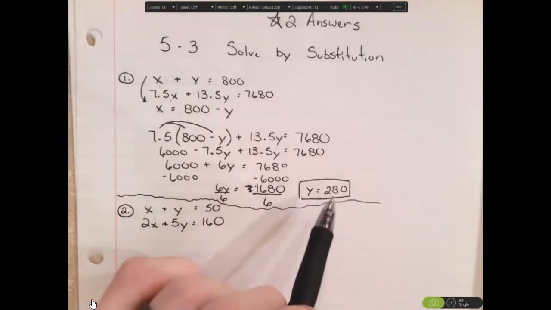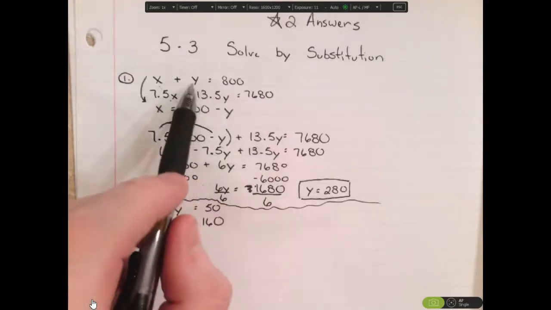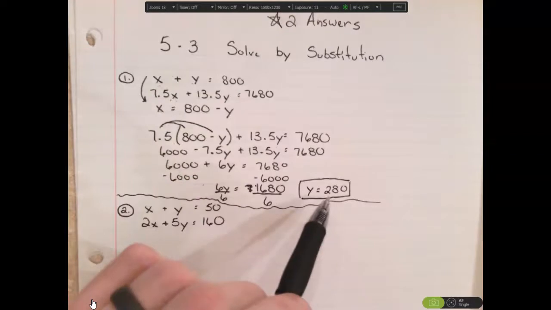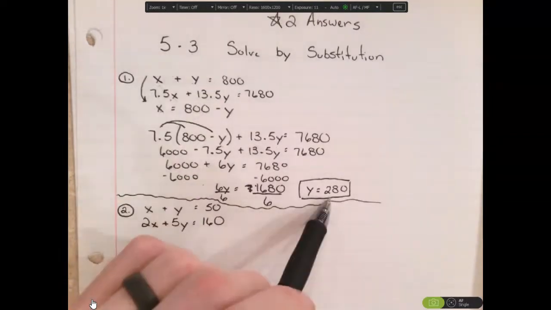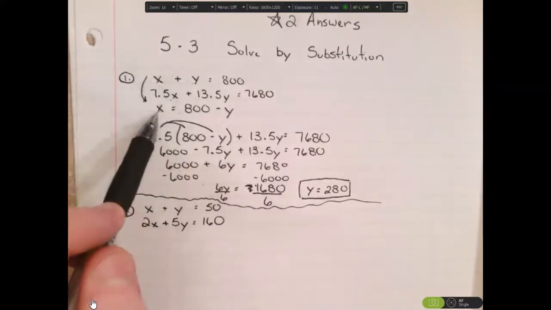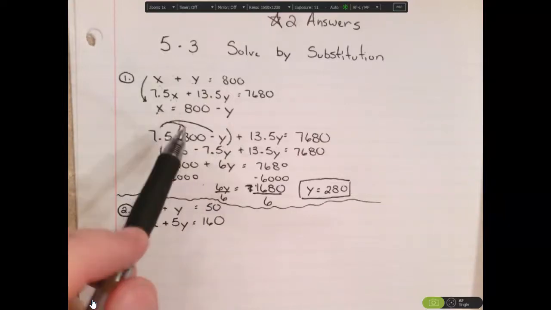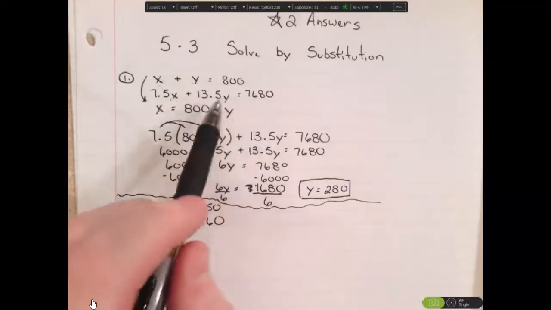So I'm going to take my 280, and now everywhere I see a y, I'm going to substitute 280 because y equals 280. You should be asking yourself, in these three equations, which one is going to be the easiest to solve? And there should already be a red flag with this middle equation.